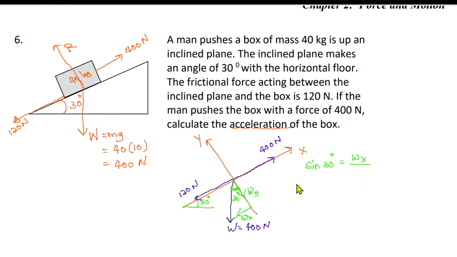My hypotenuse is 400. Therefore my W sub X equals 400 multiplied by sin 30 degrees. So that shall give you 200 Newton. Okay, do you follow?